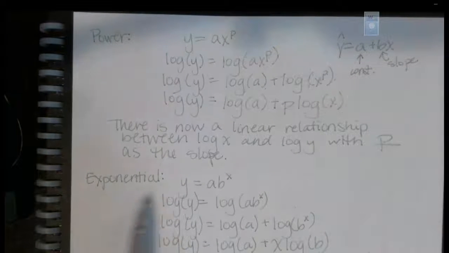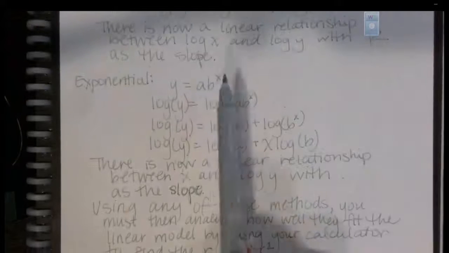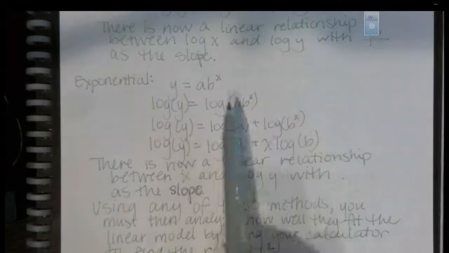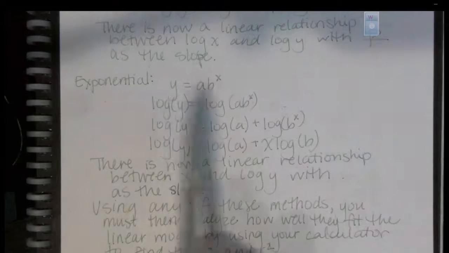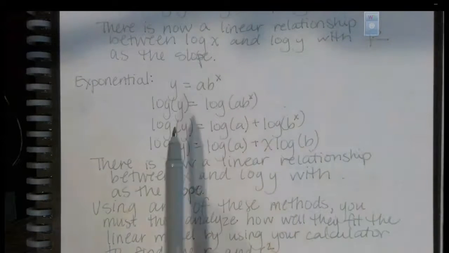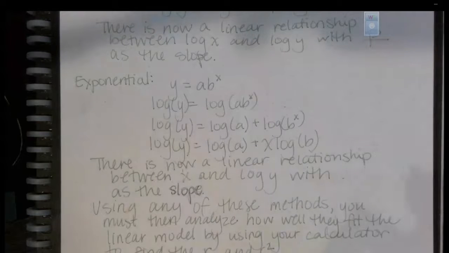Now, if you were dealing with an exponential problem instead, you would have y equals a times b to the x as our parent function for exponentials. And so we would take the log of both sides. You could also take the natural log of either side. This would work. I just modeled it using the log, but if you did it with ln, that would also work.